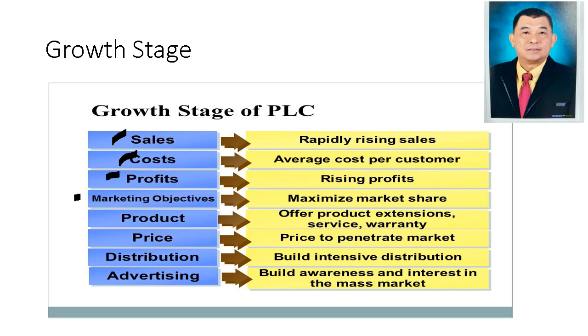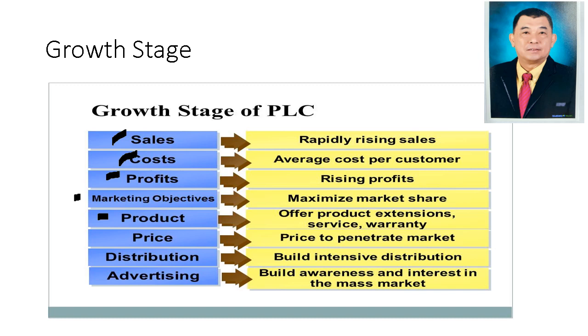The marketing objective is to really maximize the market share because there are a lot of competitors. So you must really understand your product, offer product extension, service, warranty, mostly in the augmented side of the product. No? And then the price is to really penetrate the market.